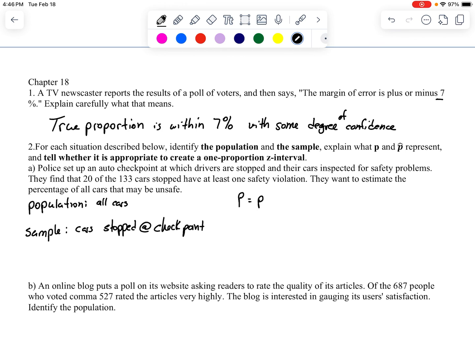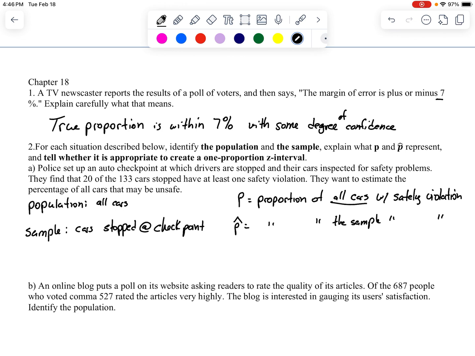What does p represent? p equals the proportion of all cars with a safety violation. Whereas p-hat is the proportion of the sample with safety violations. So that is the key difference in the notation: p represents the population, p-hat is the sample.